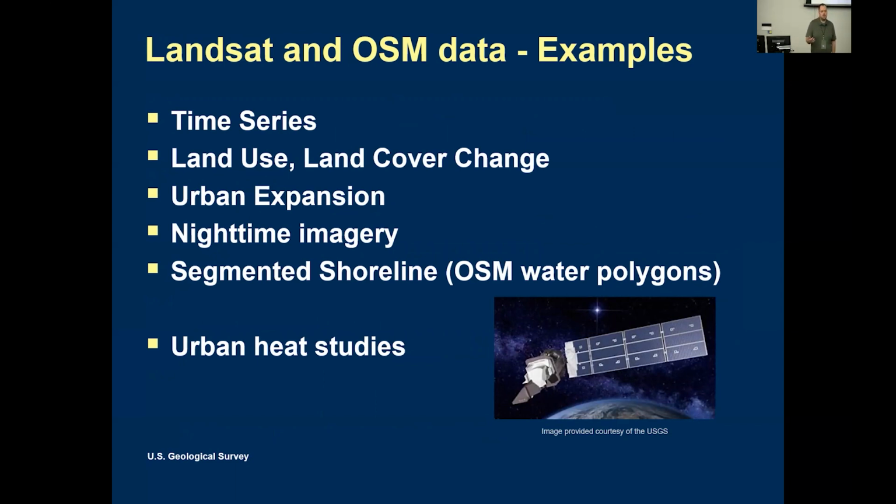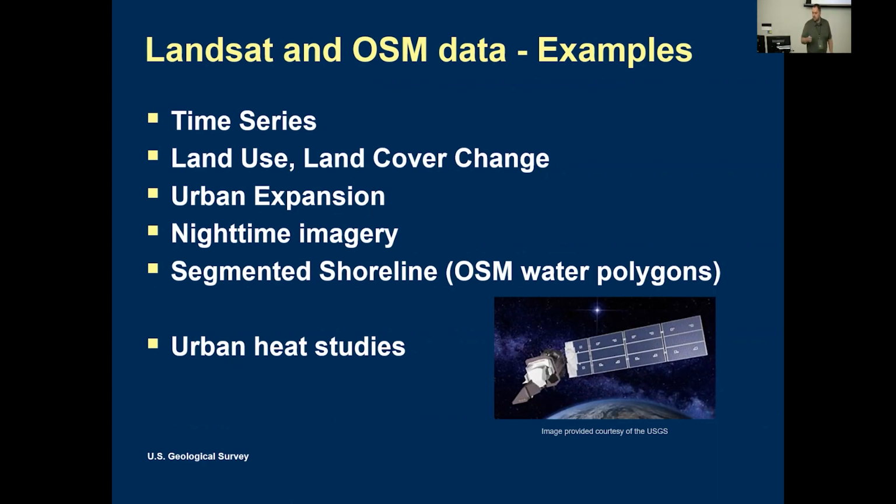Land use and land cover change: a lot of the layers in OSM, the parks layers and the water layers, you can see how they change historically with Landsat data if you overlay it onto OpenStreetMap. We also have urban expansion. Again, the historical record is the big thing Landsat's good at. You can look at not just urban areas, but forested areas, deserts, seas, that kind of thing.